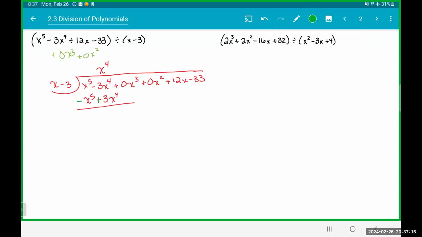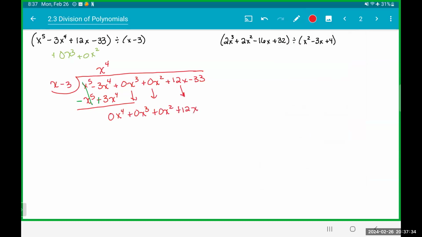Change the signs. This goes away. This gives me 0 x to the 4. Bring this plus 0 x cubed plus 0 x squared plus 12x.